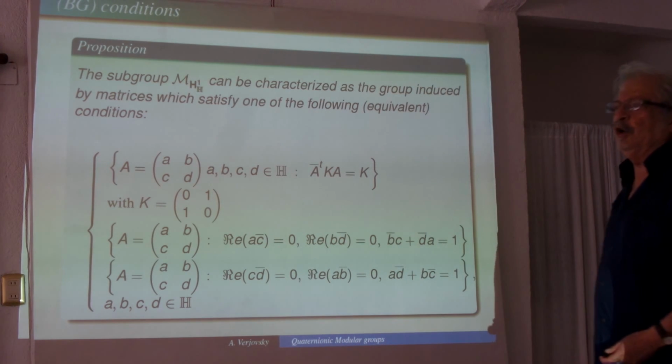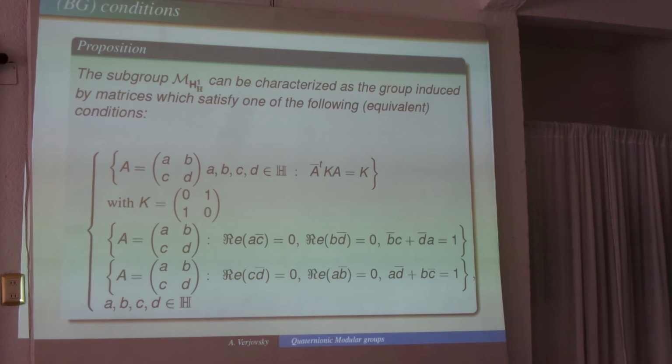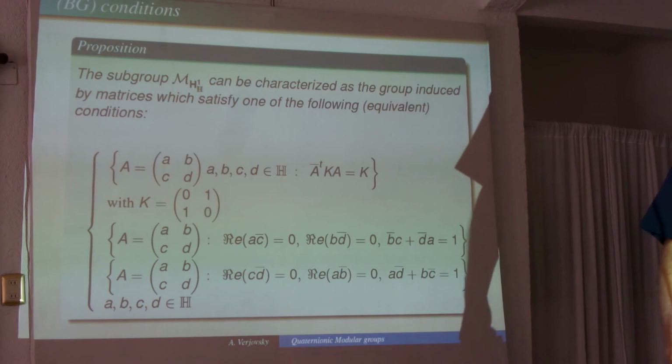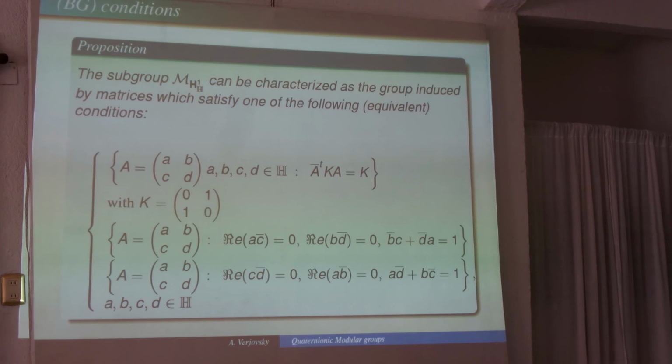It's much more complicated than PSL2(R), which is matrices with real entries and determinant 1. This is much more complicated, but remember, my objective, I'm far from the title, is modular groups.